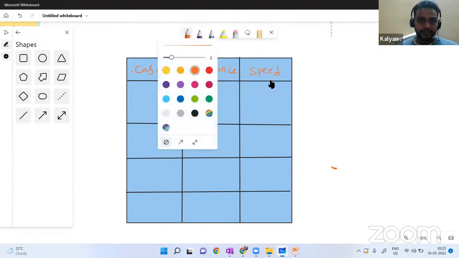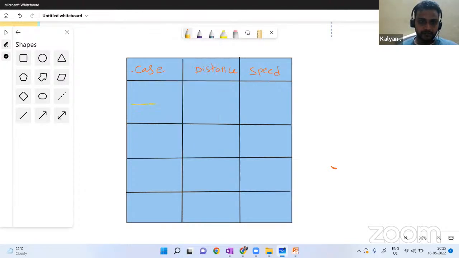a train crossing. Imagine this is a train. I know it is not looking like a train, but you have to imagine. A train is crossing a pole or a person who is in a stationary position. So here the speed of the person or the pole will be 0, and the length of the train is L, and the train is moving at a speed of s kilometer per hour.